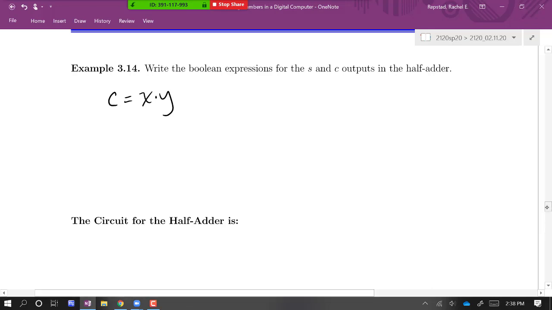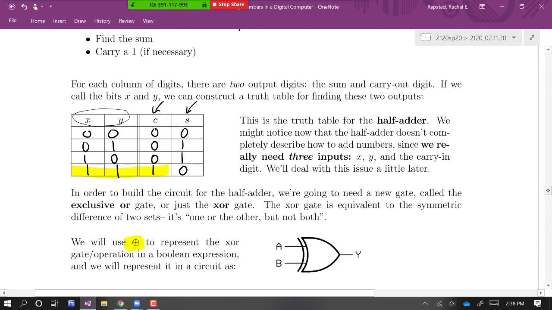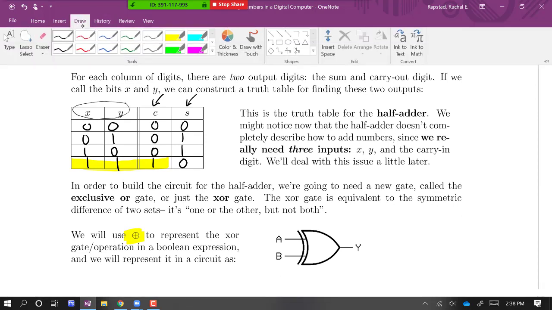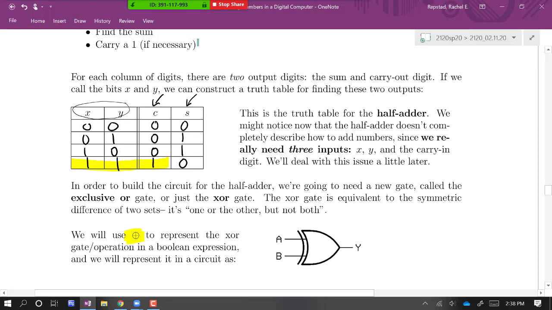What are the conditions, if we scroll back up here, looking at the table? If I want the expression for the sum digit, here are the rows that give a 1 in the sum column. What are the conditions that make that happen? What's that?